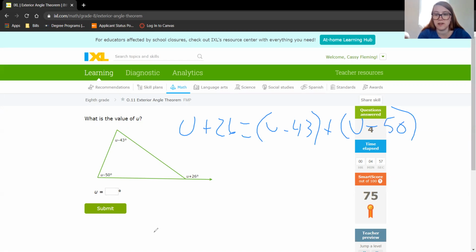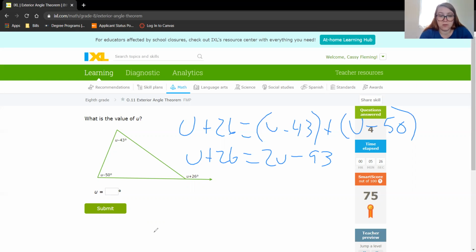Sorry, it's a little messy. So we know that u plus 26 is equal to 2u, and then negative 43 minus 50 would be negative 93. So we have u plus 26 is equal to 2u minus 93.